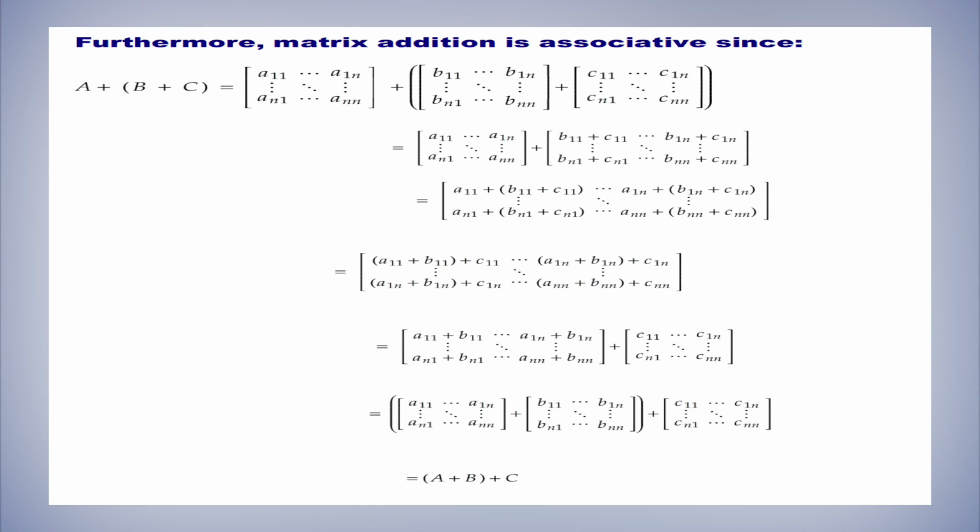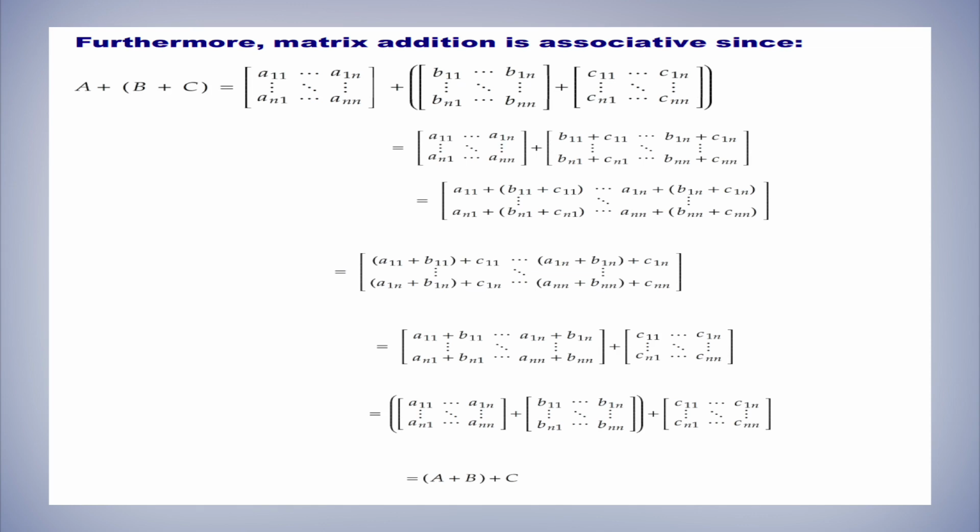Now we will add B plus C with A. So the result is A11 plus B11 plus C11, A12 plus B12 plus C12, like A1n plus B1n plus C1n, like AN1 plus BN1 plus CN1, AN2 plus BN2 plus CN2 and so on ANN plus BNN plus CNN.